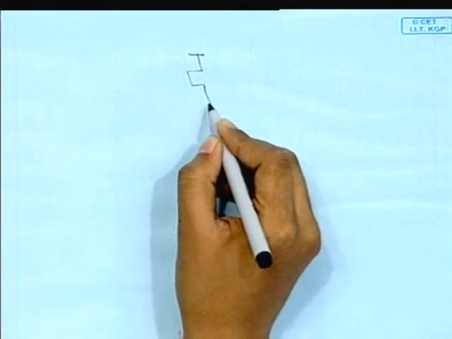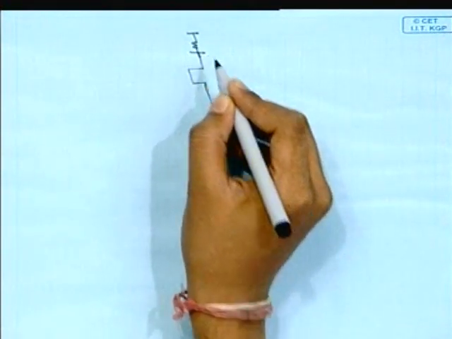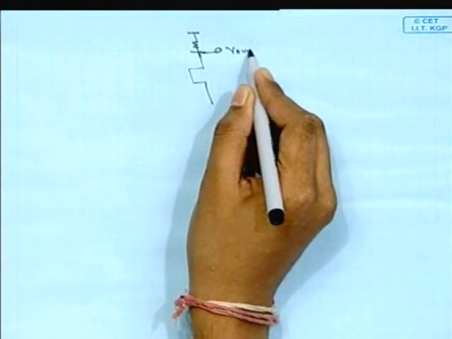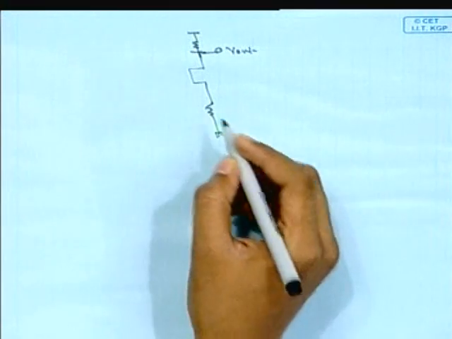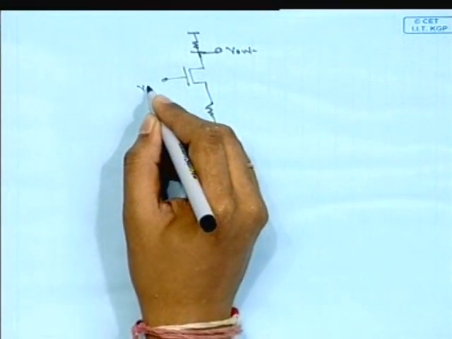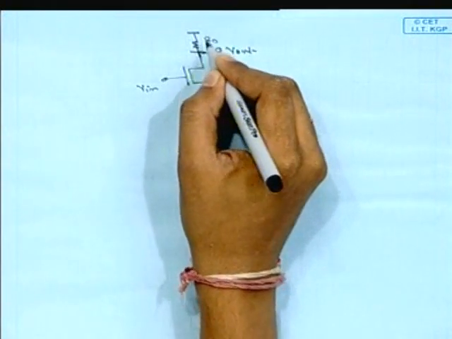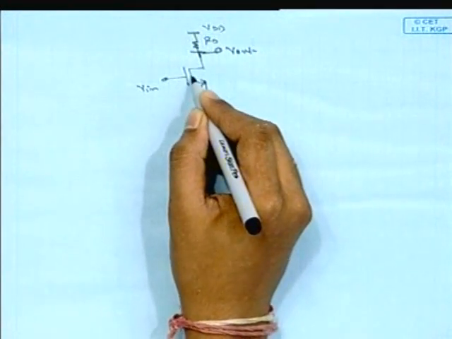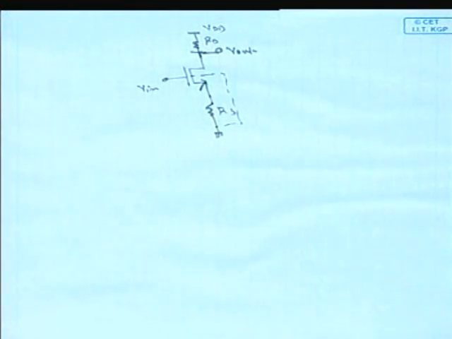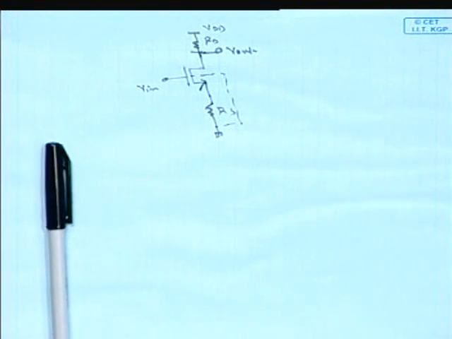Okay. And then the last one, that is the source degeneration stage, common source, that is very important. See, in this circuit there is a resistance Rs connected from the source to the ground.